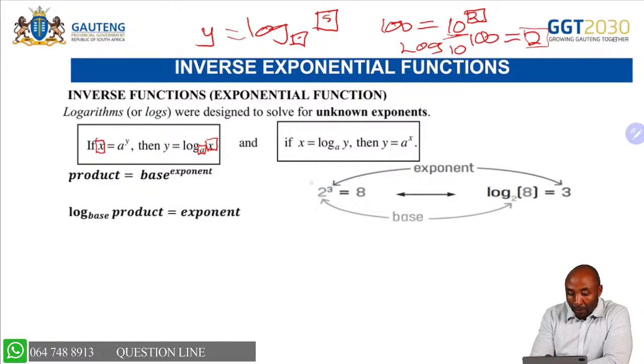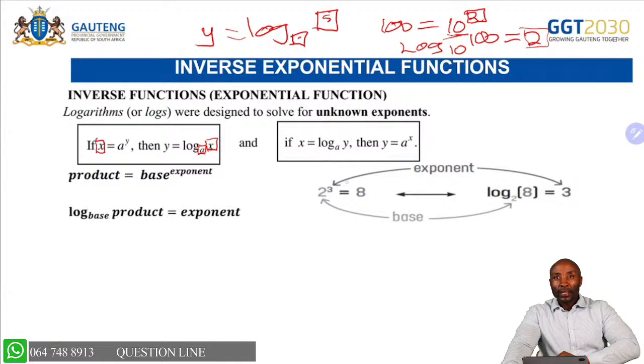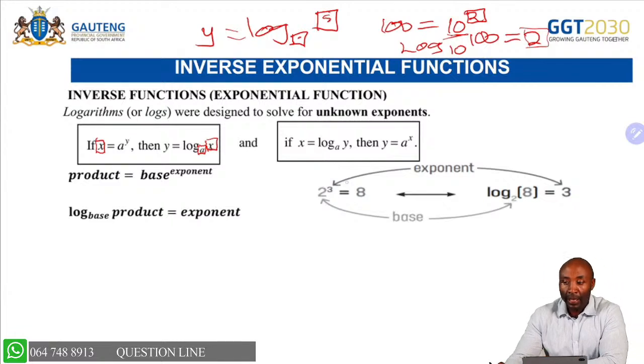So we should be able to move around in that wheel. We are able to see how to move from exponents to logarithms and from logarithms to exponents, because the examiner can choose to give us any function, hence we should be able to work with whatever we are given.